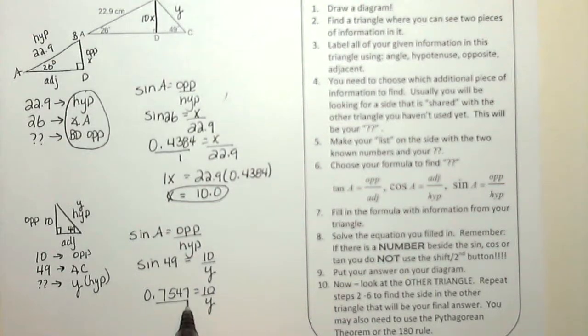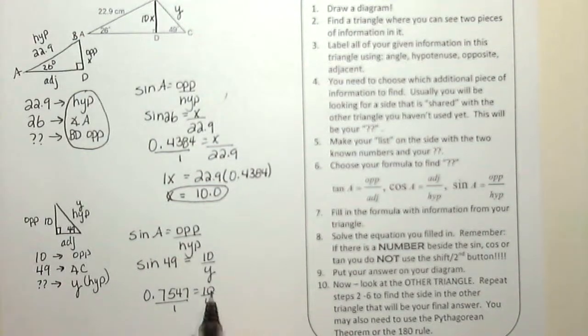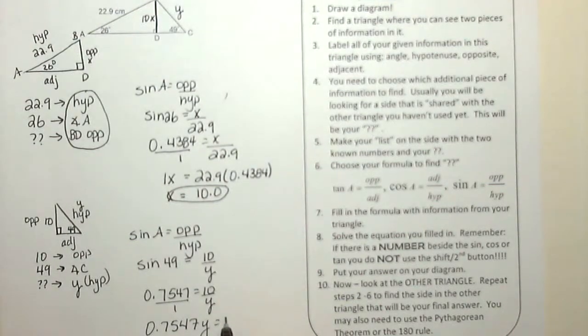Use a little trick. Put that over 1. Cross multiply. This time these two will end up beside each other equals these two. So 0.7547y is equal to 1 times 10, which is just going to be 10.